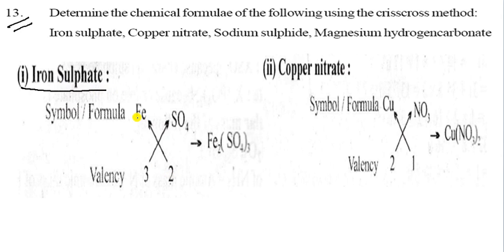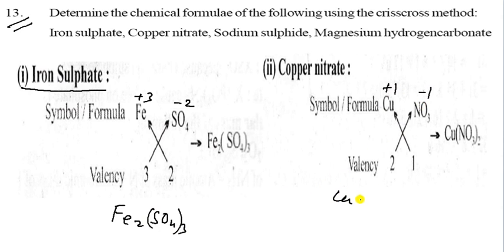First of all, iron sulfate. Iron has plus 3 valency. Sulfate has minus 2 valency. Now cross this one, so we get Fe2(SO4)3. So you can write here Fe2(SO4)3.